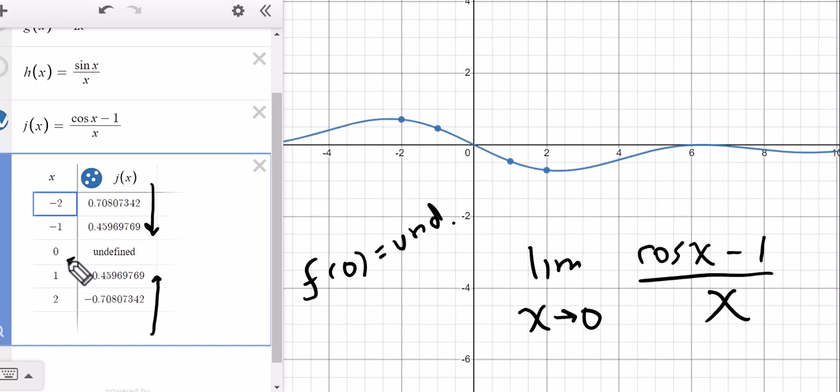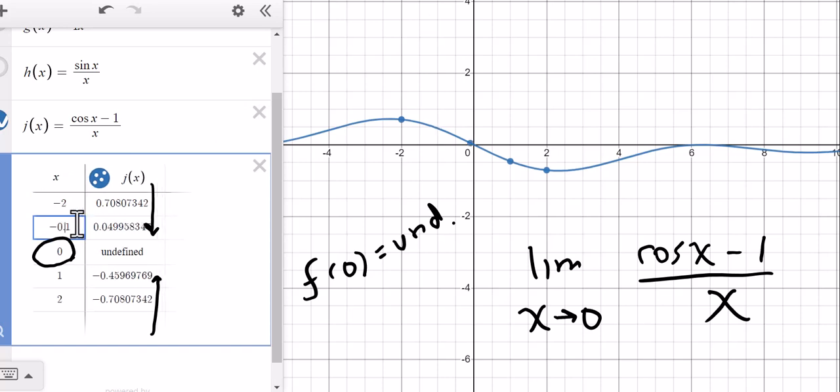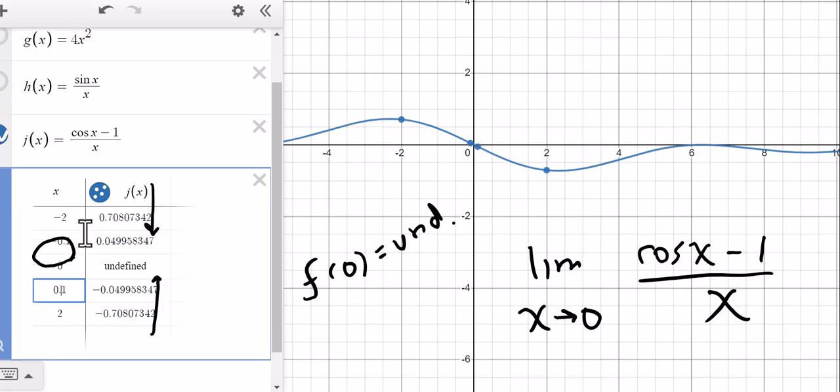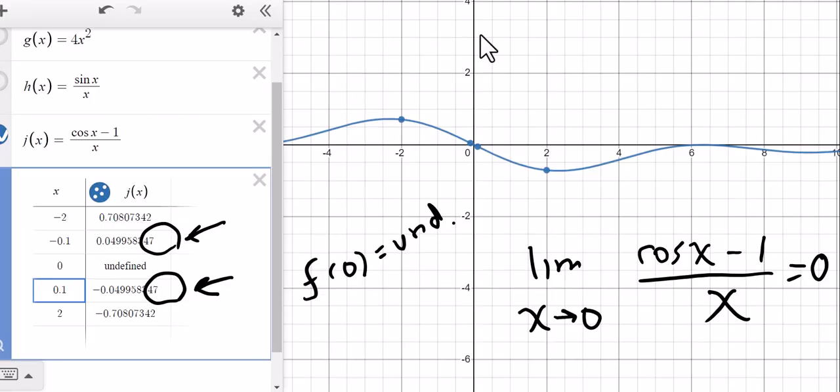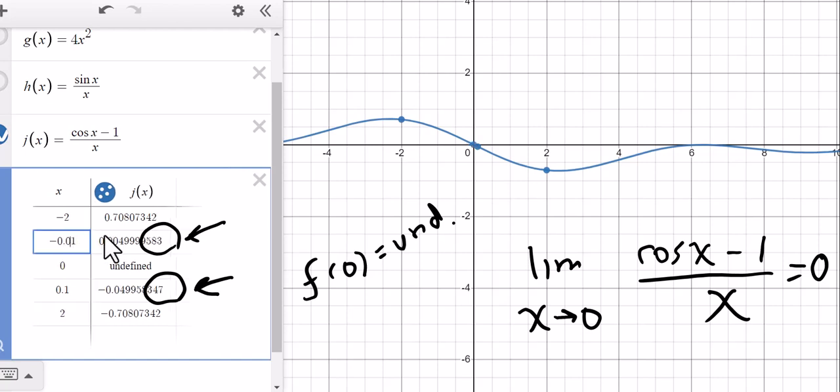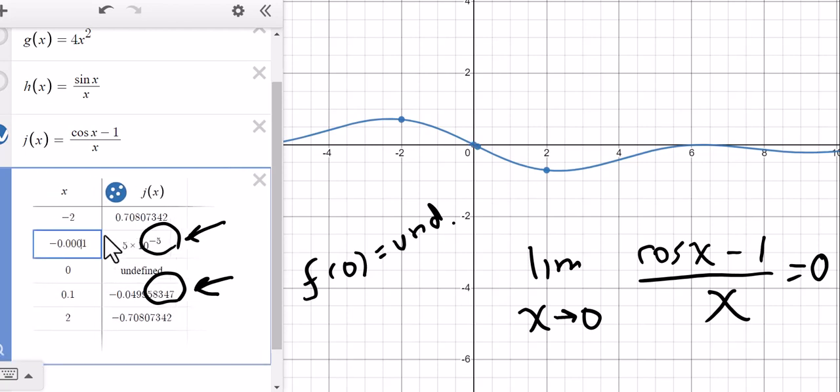We want to get as crazy close to 0 as possible without actually using 0. So let's do that, right? Let's start adding decimals. So let's do 0.1, negative 0.1, and 0.1. And we notice that it's getting a little better. Let's go ahead and add some more zeros to this. Oh, scientific notation.